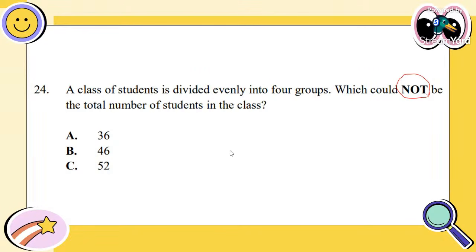Which number will that be? I see some persons saying 52, some saying 46. All right. Let's explore this. So 36 divided by 4 is what? Put your answers in the chat.